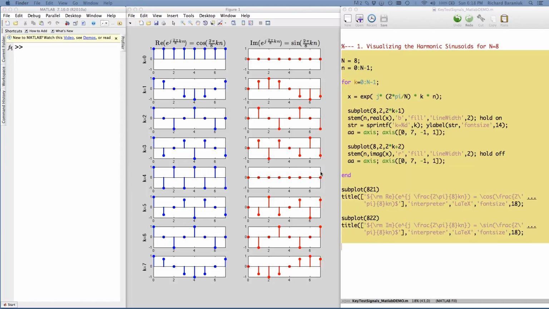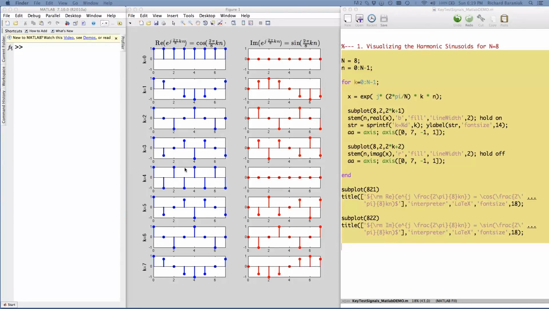Let's understand a little more about this frequency. Recall that omega in this case will be 2 pi over 8 times k equals 4, which equals pi. And recall that the frequency pi is the highest frequency that a sine wave can have, and that's exactly what we see halfway along this sequence of sine waves.